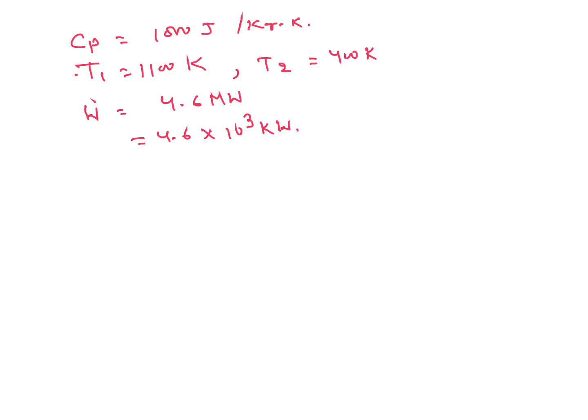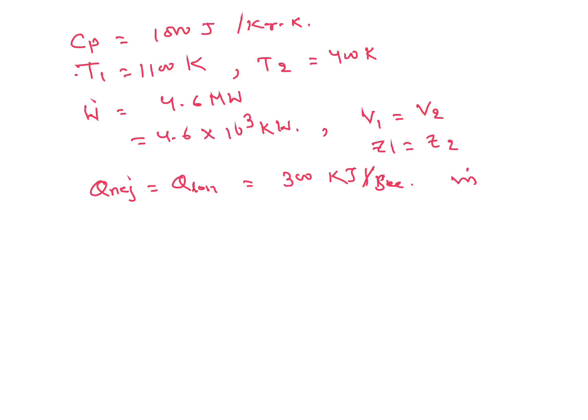V1 equal to V2 velocity. Assume Z1 equal to Z2. Q rejected or Q loss is 300 kilojoule per second. We have to find out M dot.